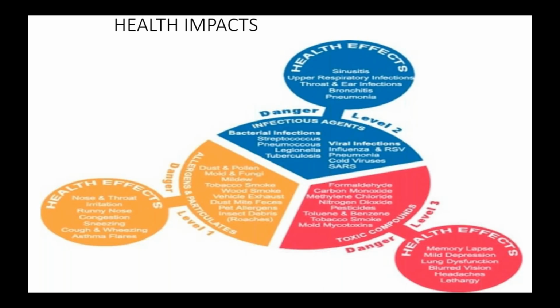SARS is nothing but the COVID-19. And danger level 3 includes toxic compounds like formaldehyde, carbon monoxide, methylene chloride, nitrogen dioxide, toluene, benzene, tobacco smoke again. And it also creates so many problems for human beings.